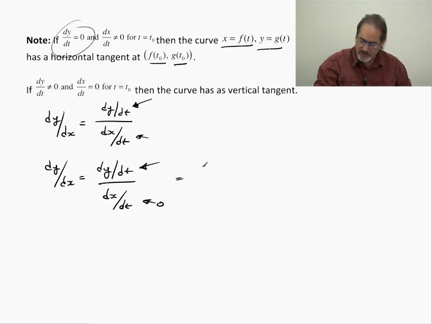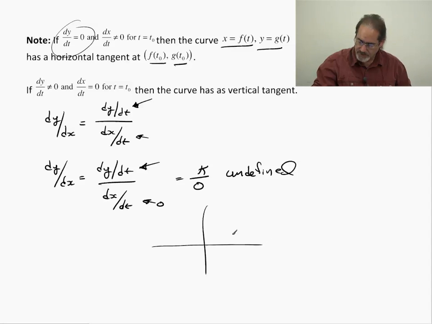Well, that gives me a non-zero constant over 0, which is undefined. And if the slope is vertical, then the slope is undefined. So that actually should make sense.